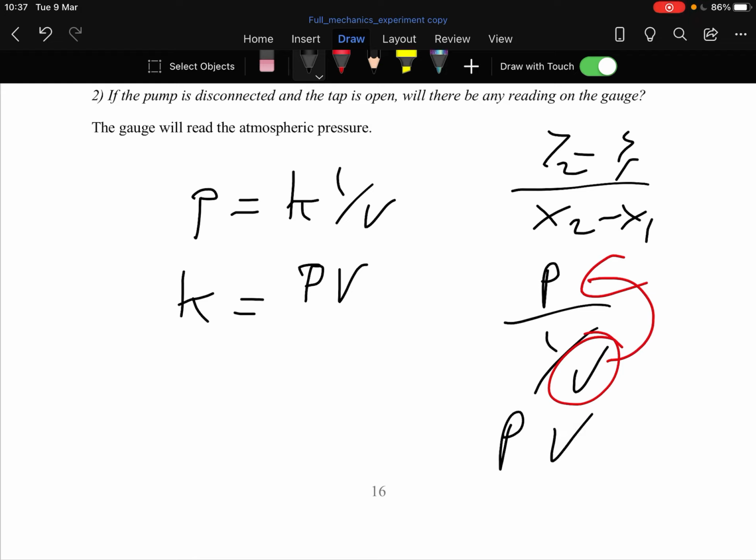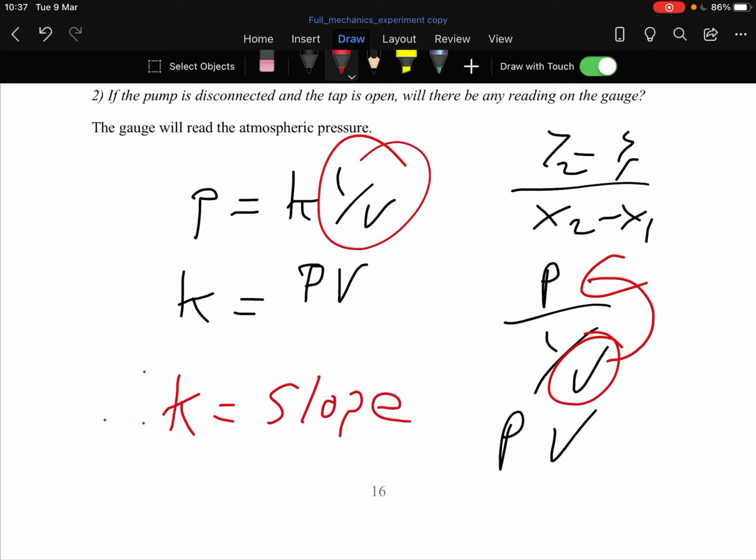So therefore, PV. You see? That's why we put the 1 over V on the x-axis. It's going to be below the line, and if you have a fraction below the line, it gets pulled above the line. Does that make sense? So therefore, that's why your slope, K, equals slope. There you go. That's it, okay?